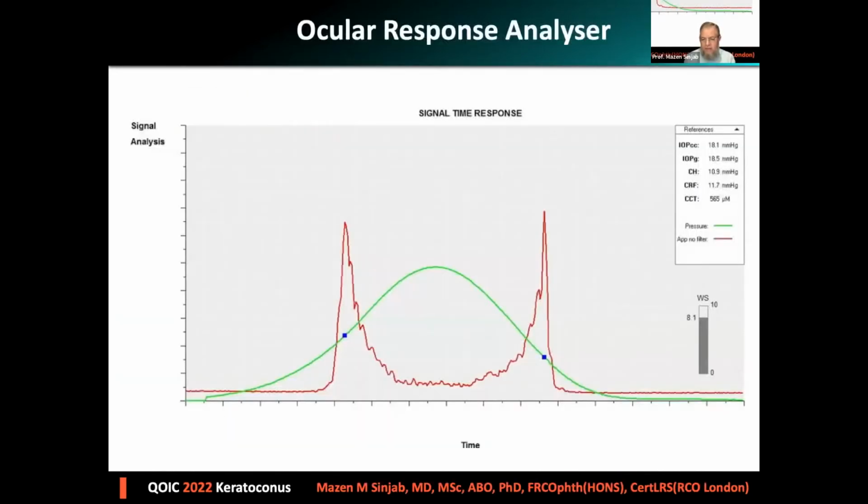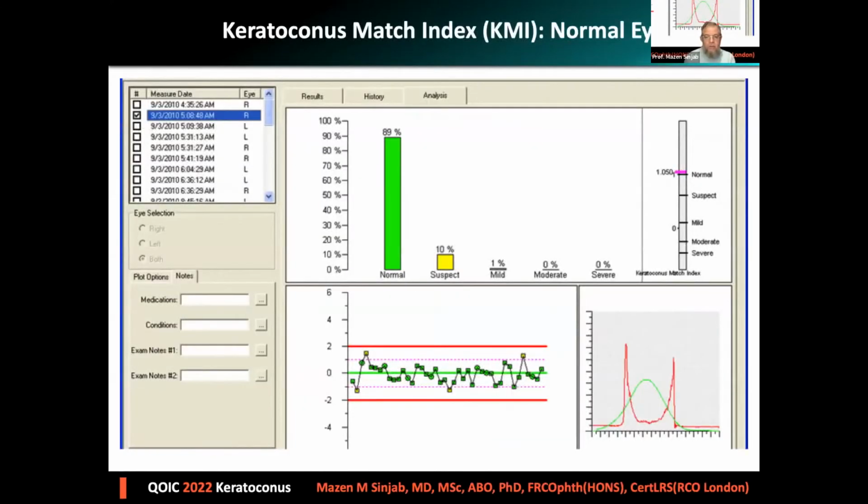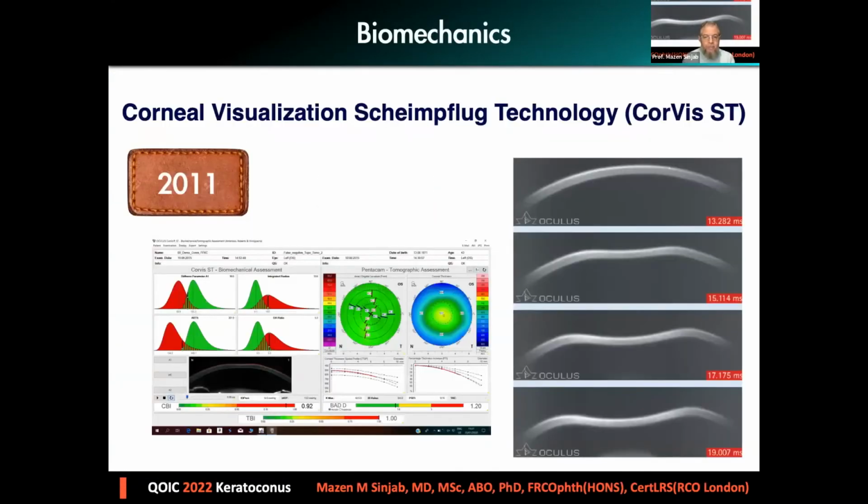Based on the ORA, in the early years, we could find some cases and exclude some cases when we find some flattening after the second peak, for example, or the peaks are very low. Then the software was developed to give more parameters and even the probability index as well.